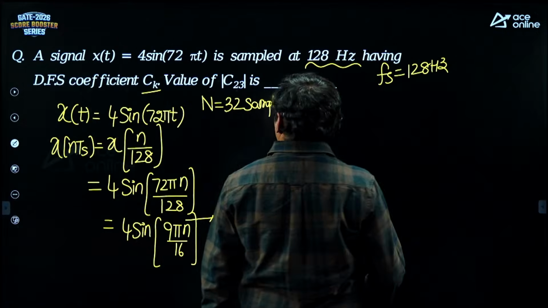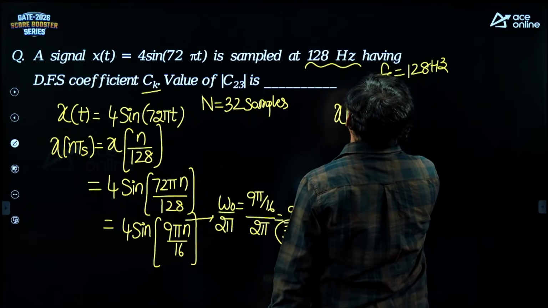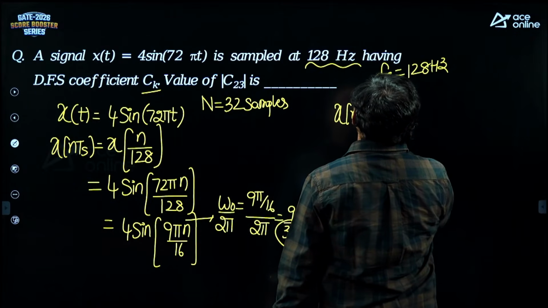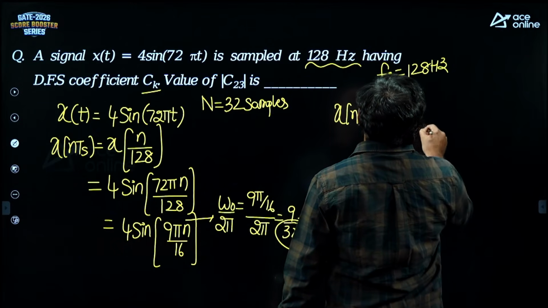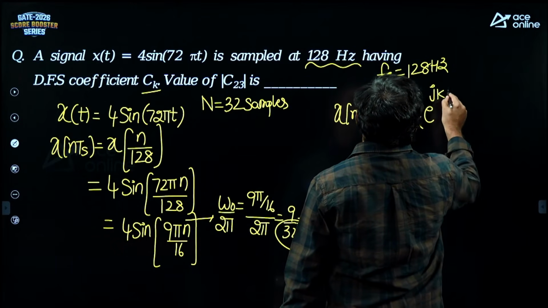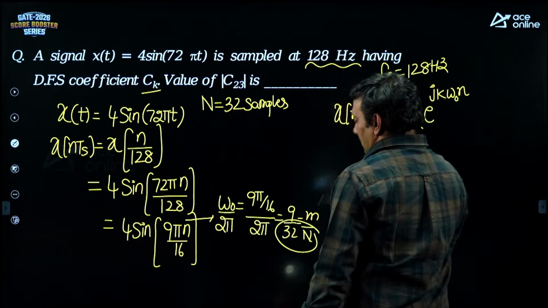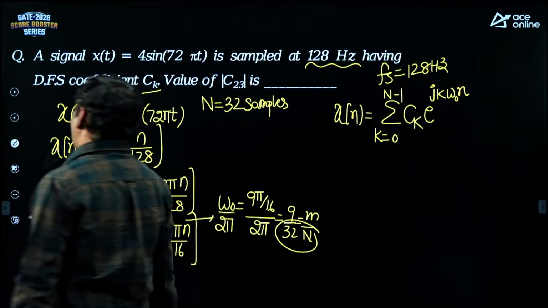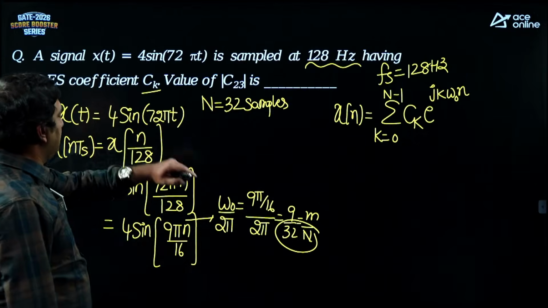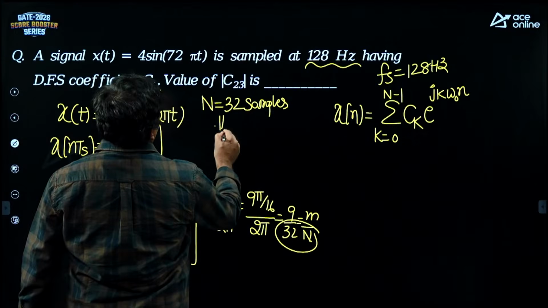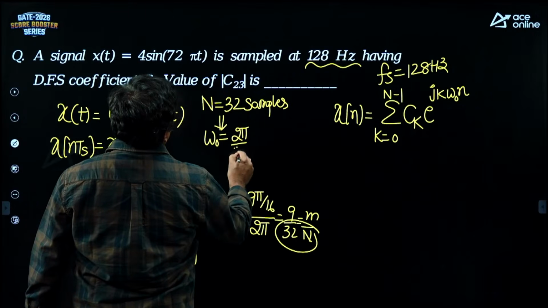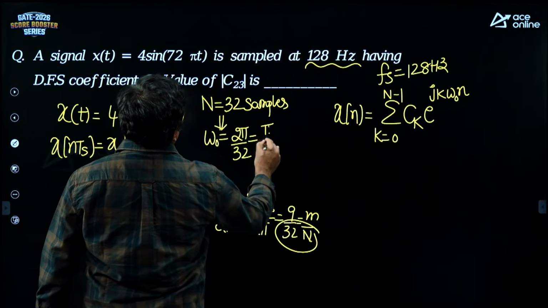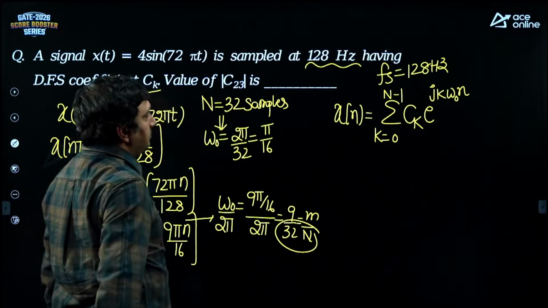How do we write the discrete Fourier series in standard form? x of n equals sigma k equals 0 to N minus 1 ck e power j k omega naught n. As the time period is 32, I can take the fundamental frequency as pi by 16.